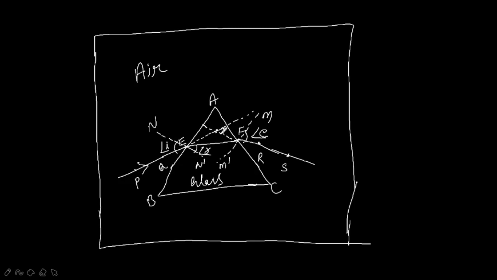This angle we call angle of deviation. It has to move here, but it is moving here. So at this much angle the light ray has deviated. This is the angle of deviation.